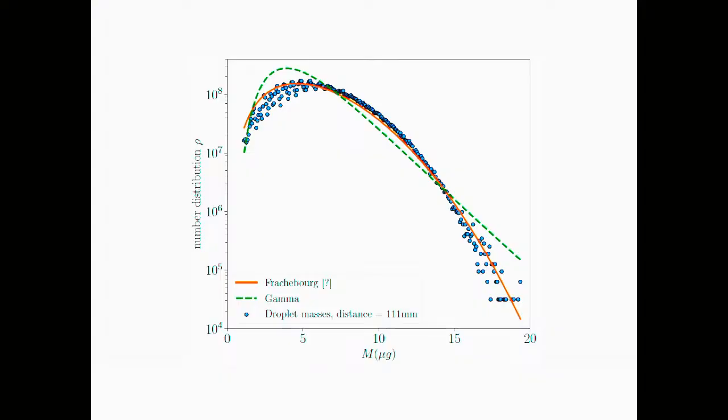Interestingly, the gamma distribution does not fit our data. And so we think that means that we actually found the signature of the randomness of these drop size distributions.